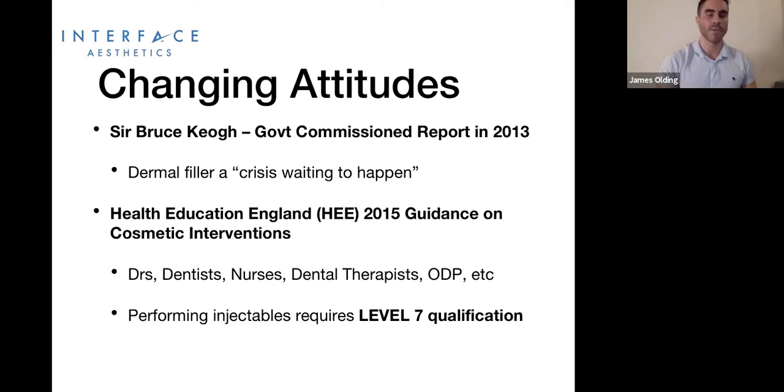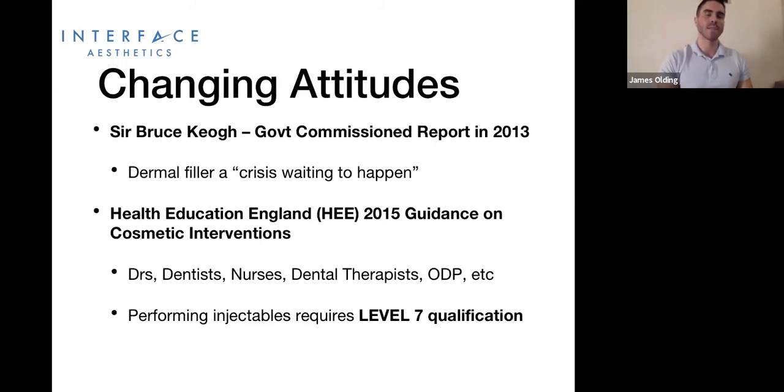Unfortunately, it's not mandatory. So it's some kind of advisory recommendations. But people who act outside of the guidance are not subject to any penalty. And it made a few recommendations. For example, it talked about the people who should be doing these treatments, which include doctors, dentists, and nurses, among a few other healthcare professionals. And it also recommended that all professionals should perform these treatments at a level 7.